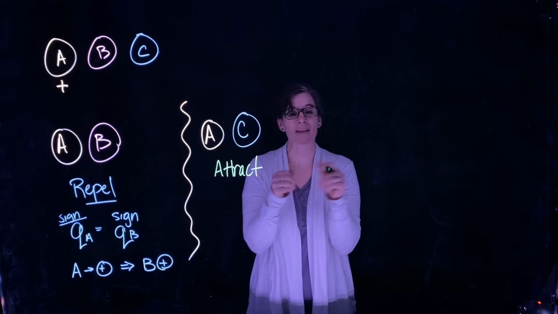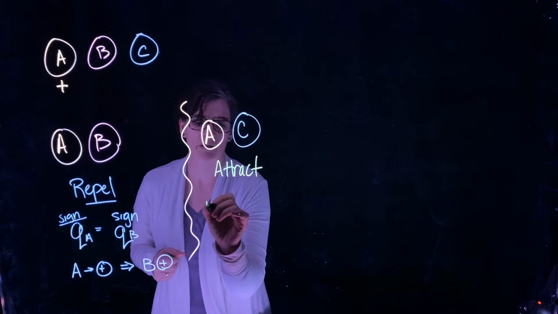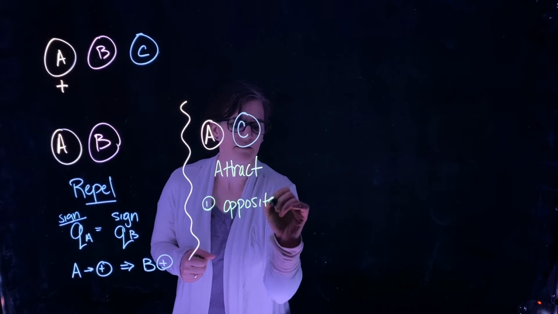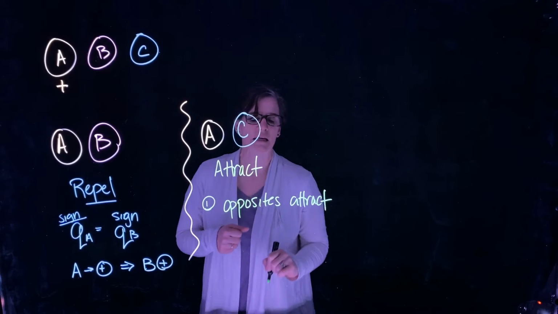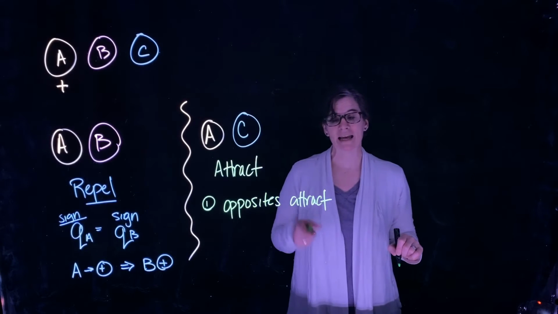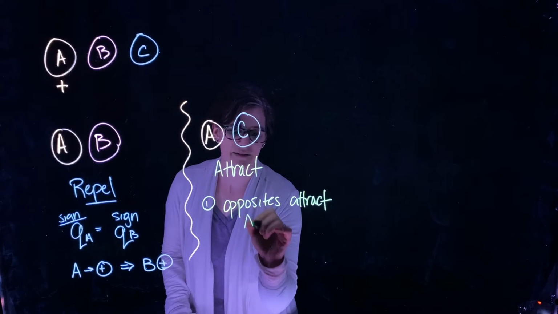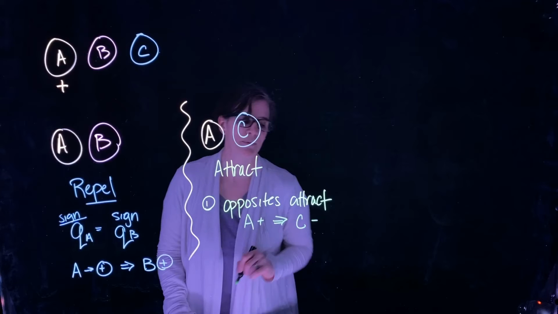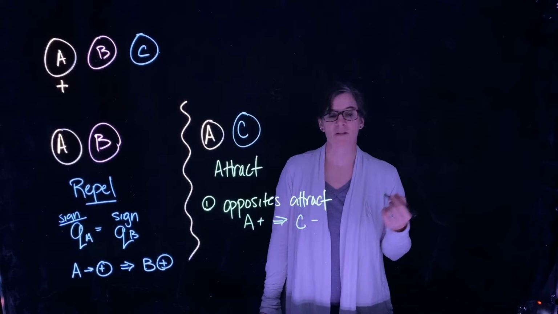Now we have to remember that could mean one of two things. Possibility one: we know that opposites attract. If that were true and object A is positive, that tells us that C would be negative. So that's one possibility. Object C could be negative.